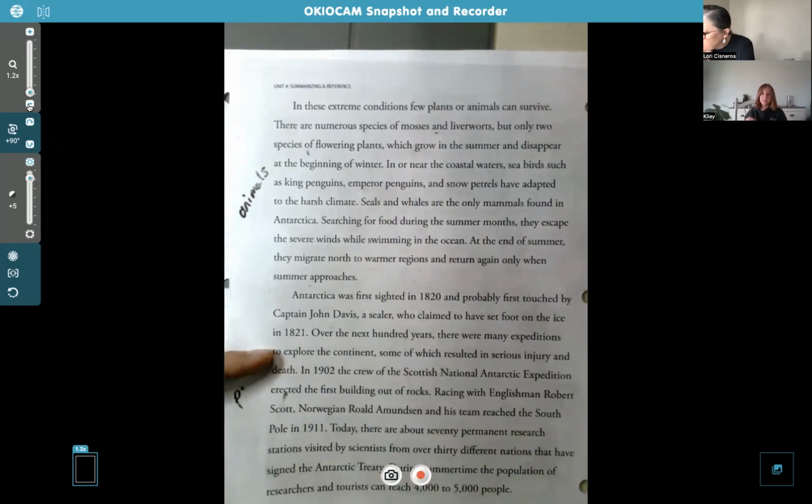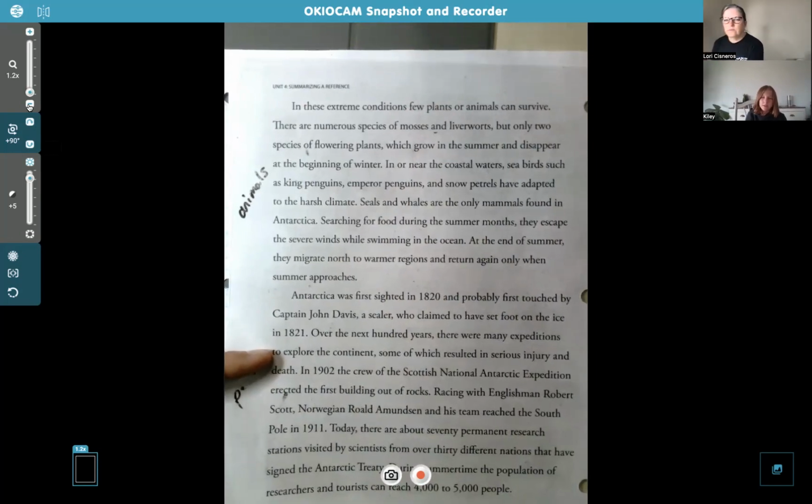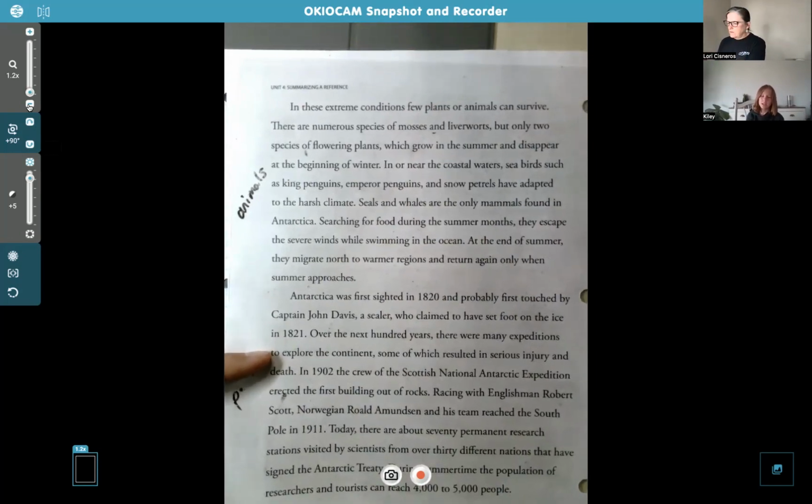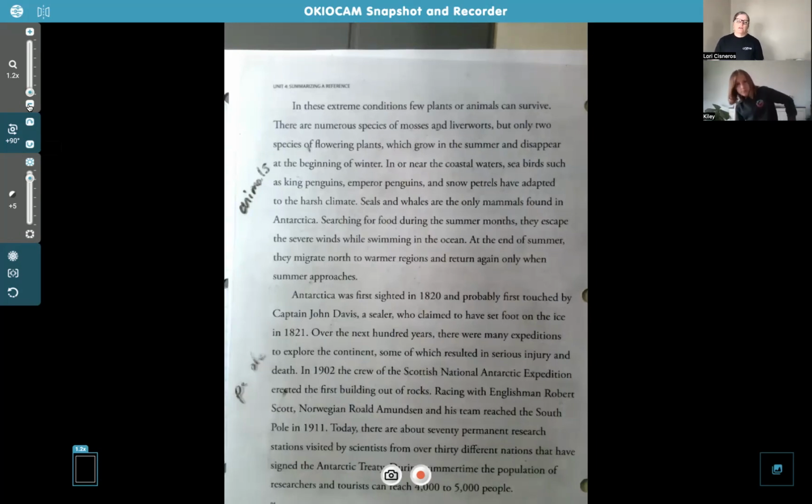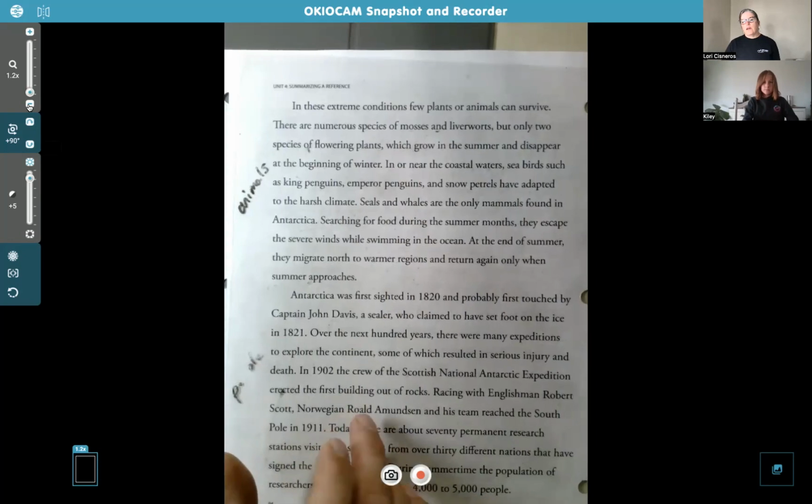I did want to ask something. Could you do something that's not in the paragraph, like blubber? Like how most animals in Antarctica have blubber, unlike most land animals? That's a really good question because in a report like this, where you're using an article, you wouldn't want to add your own information to it.